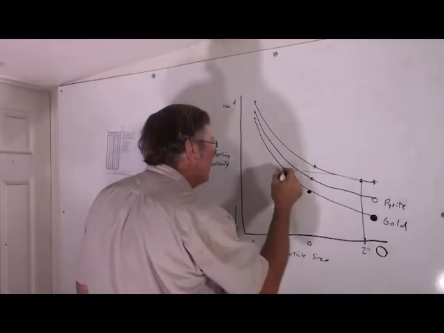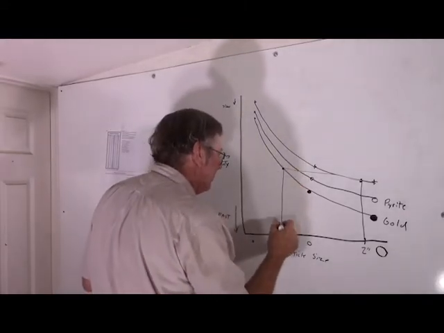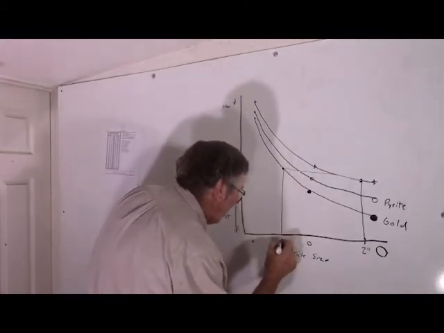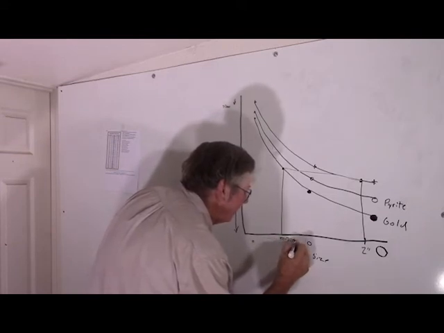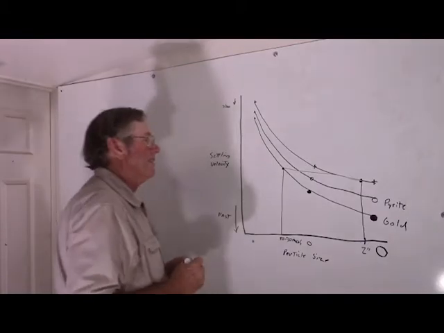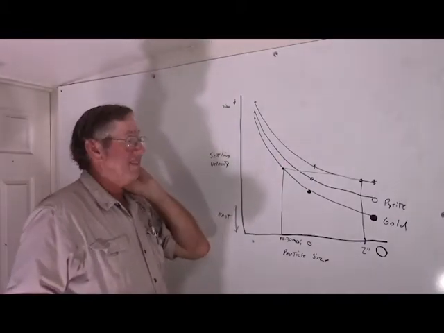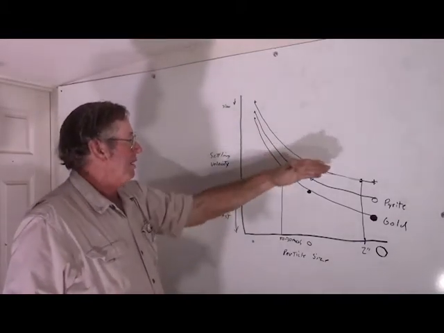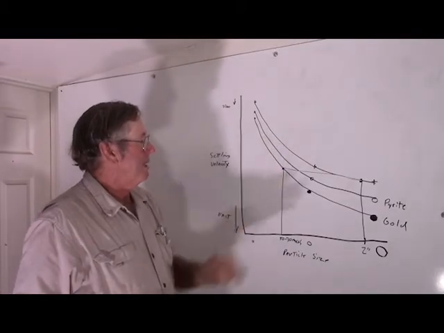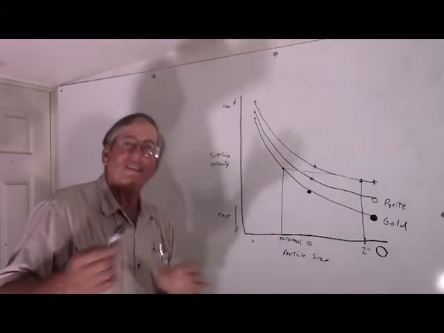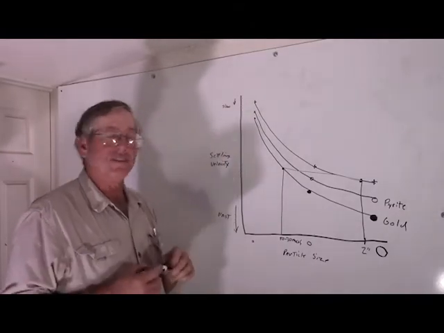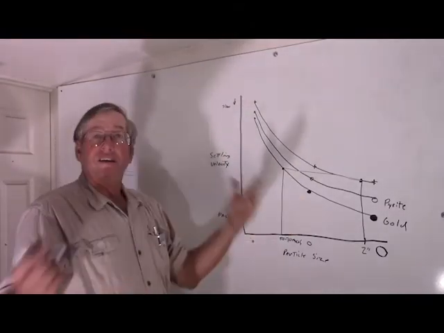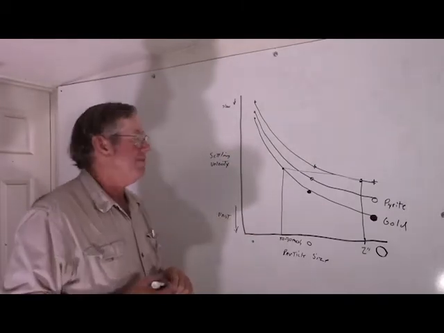This is probably going to be somewhere in the neighborhood of 50 to 30 mesh, somewhere in there. It's going to settle at basically the same speeds, and therefore that's what you're going to be able to extract reasonably well. Once it starts getting smaller than that, you're going to start getting substantial losses. Anything bigger, you've pretty much got it all.